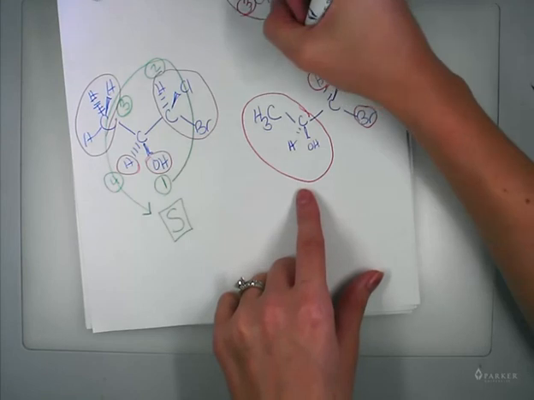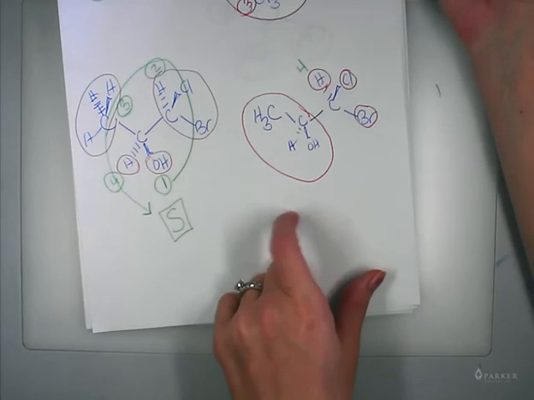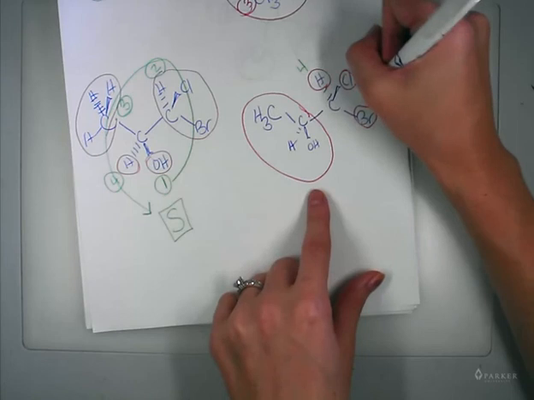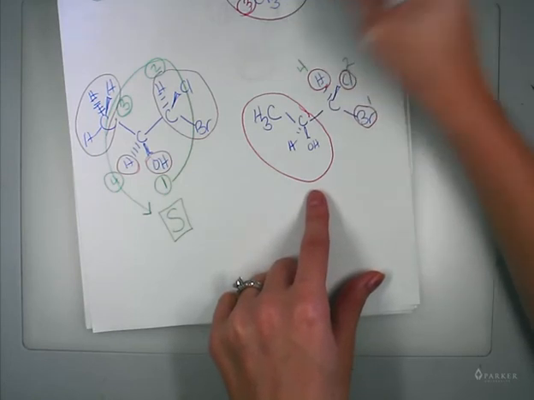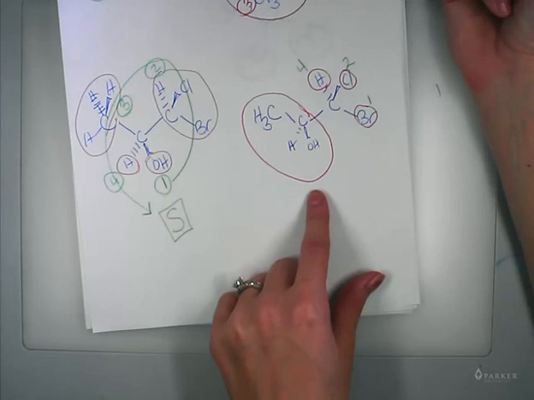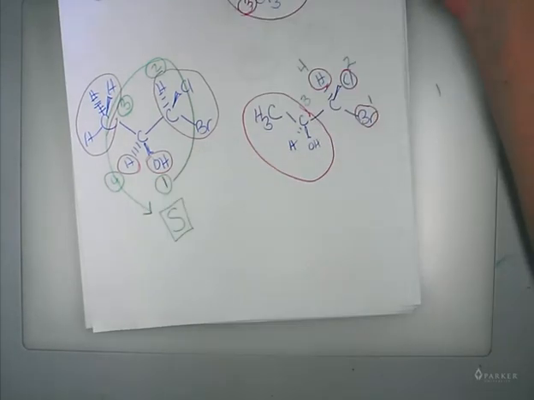What would be 4? H. What is 1? Bromine. 2, chlorine. And 3, carbon group, right?